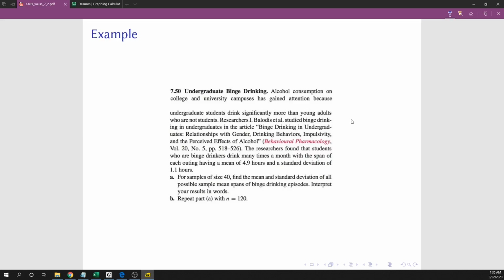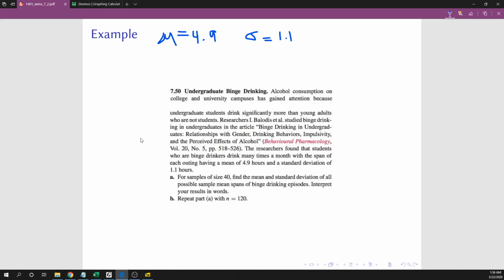The researchers found that students who are binge drinkers drink many times a month with the span of each outing having a mean of 4.9 hours and a standard deviation of 1.1. So that's the population mean and the population standard deviation.